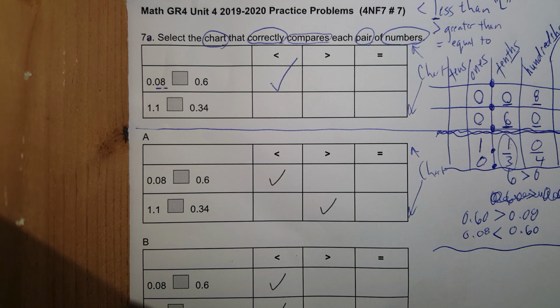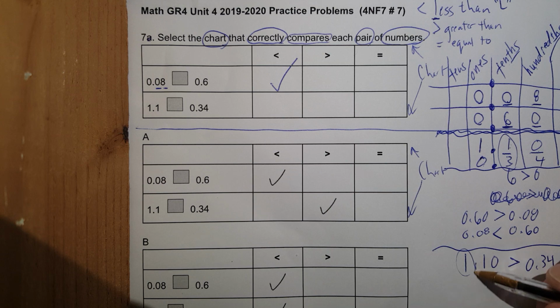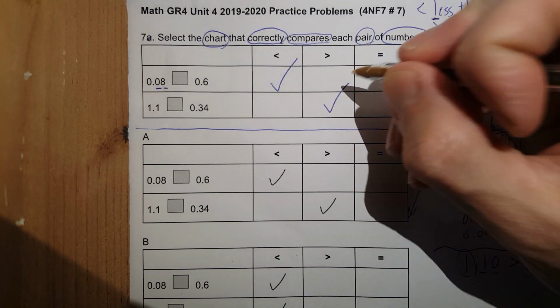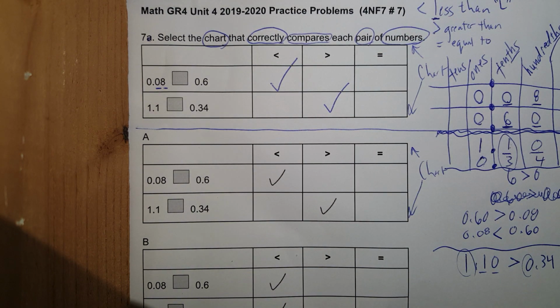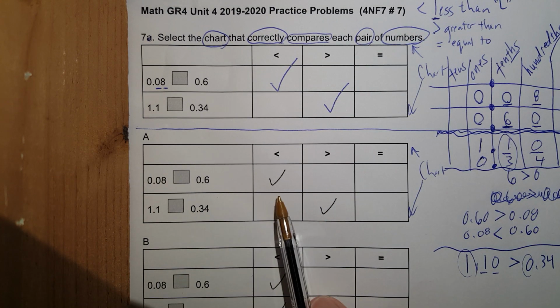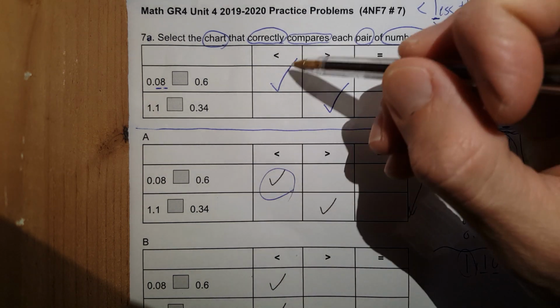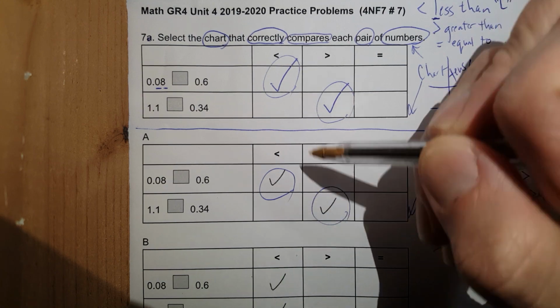So let's write this down here. 1.10 is greater than 0.34. And right away, just by looking at that first whole number in the ones place, there it is, gives you the answer. So I check here. And magically, if you look at A, it matches our chart. Check, check, check, check.